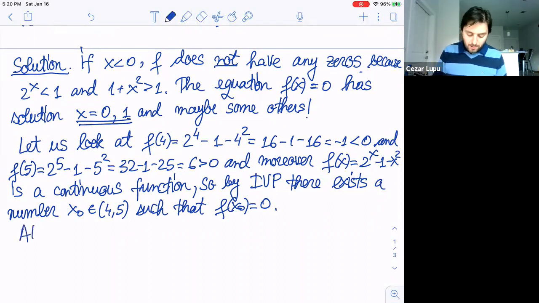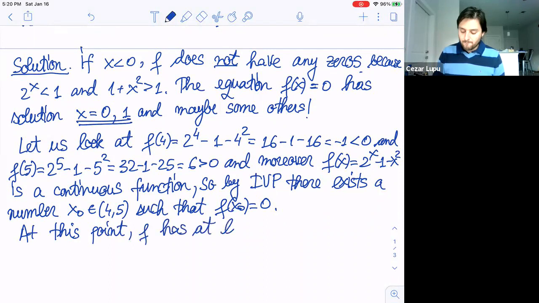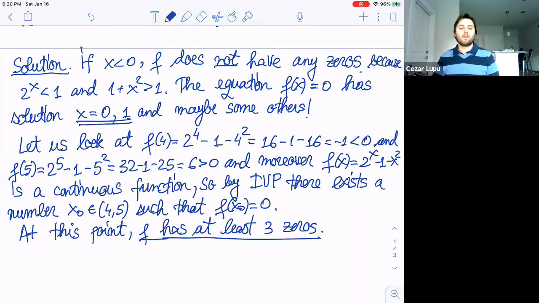So at this point, f has at least 3 solutions, 3 zeros, let's say. Okay, so f has at least 3 zeros.